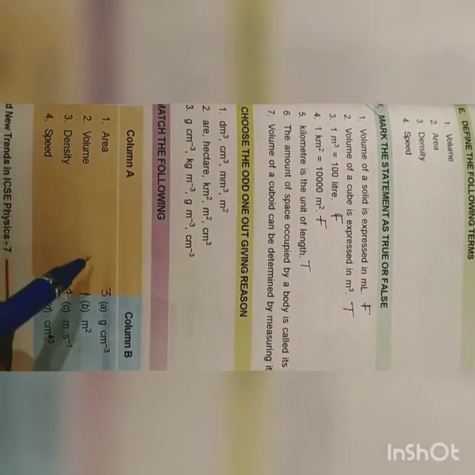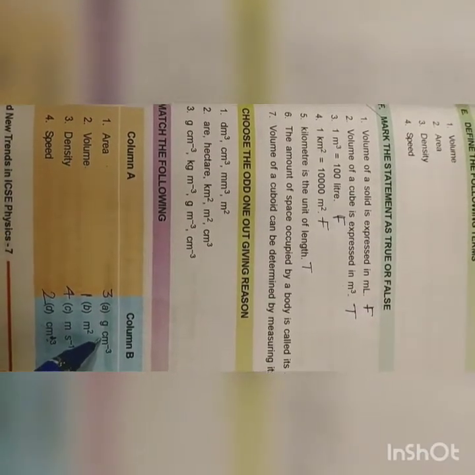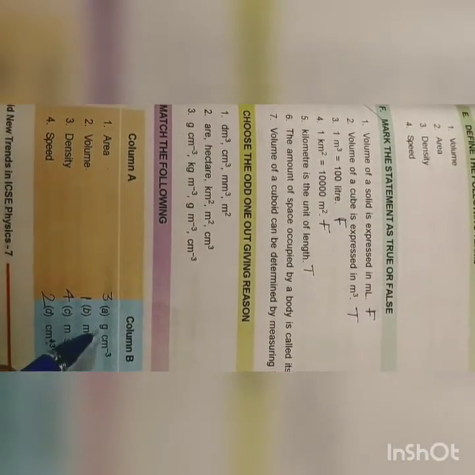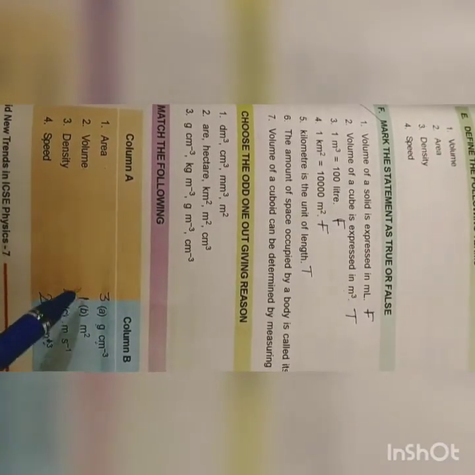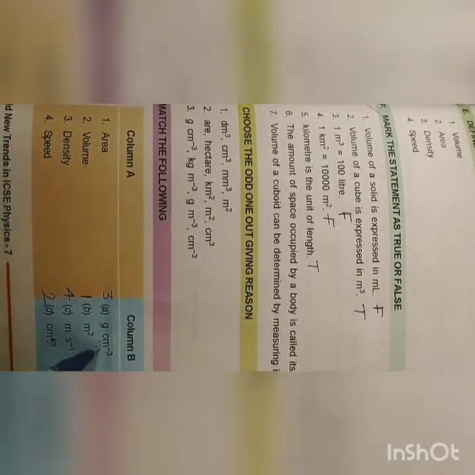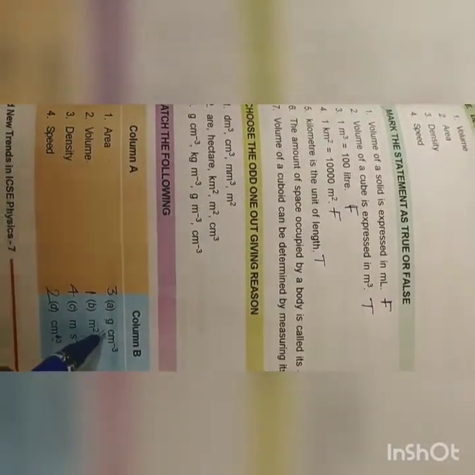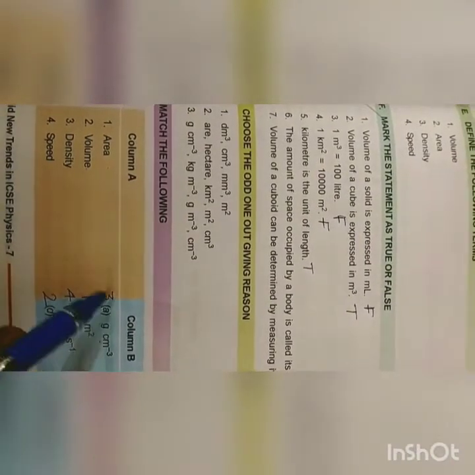Now density, unit of density is gram per centimeter cube. This is the unit in CGS, and in MKS it is kilogram per meter cube. So for density, write 3 here.